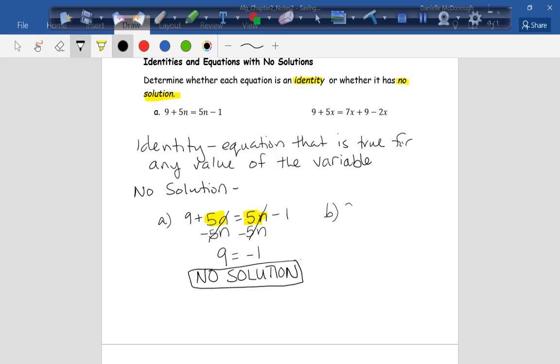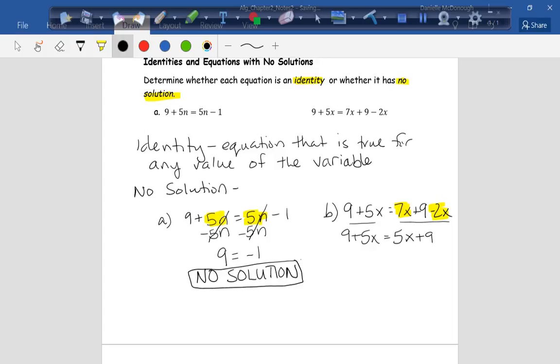Okay? Now if I look at B, 9 plus 5x equals 7x plus 9 minus 2x. So this is an example where I can actually simplify a little bit on one of these sides. Over here, there's nothing I can simplify, but over here, there's two terms that are considered like. So I need to combine those first. So it's going to be 9 plus 5x is equal to, well, 7 minus 2 is 5x plus 9.